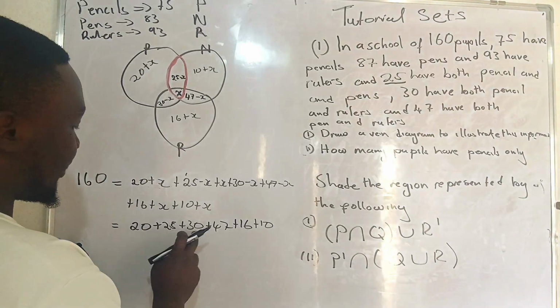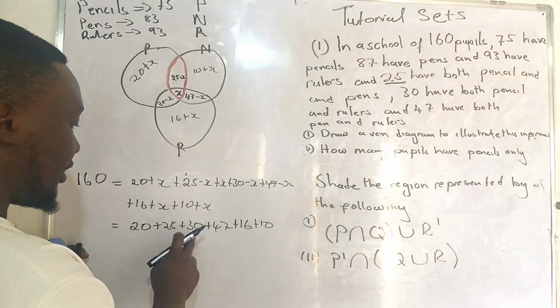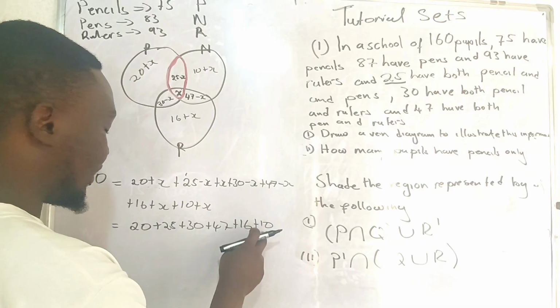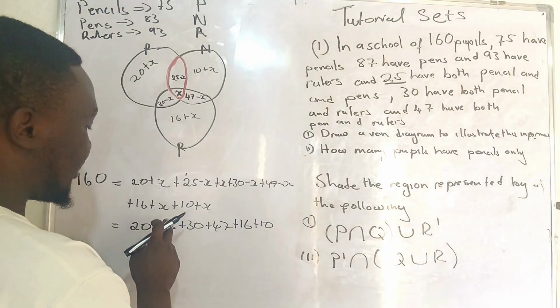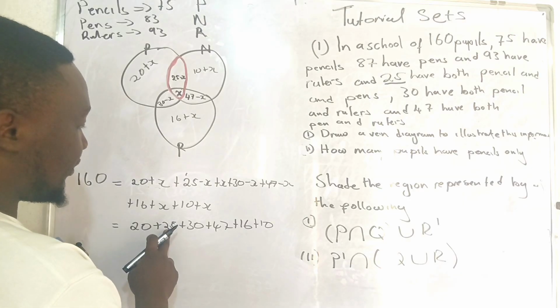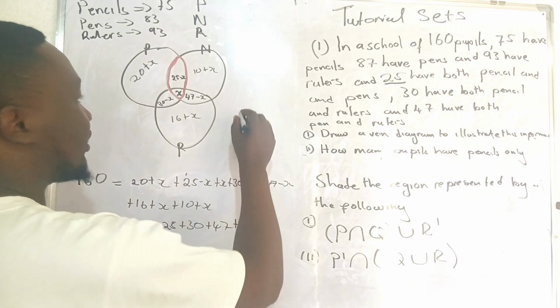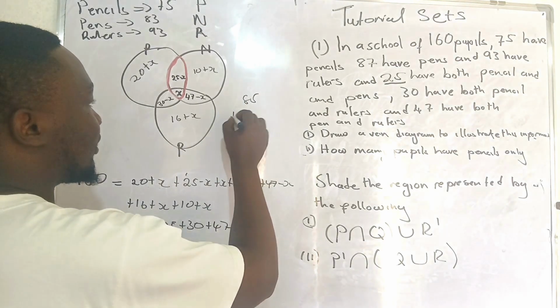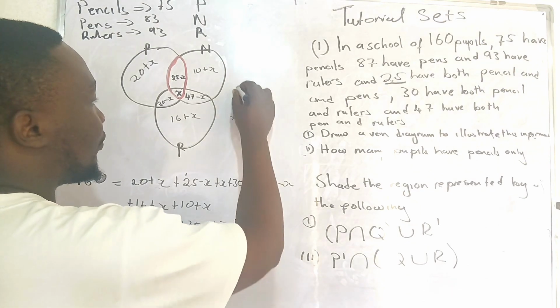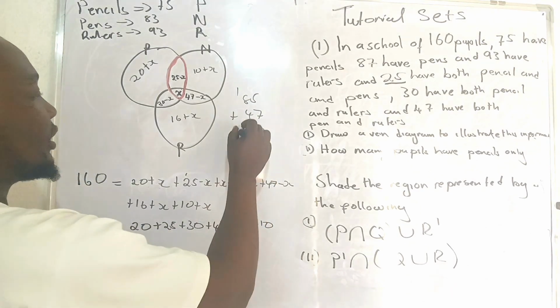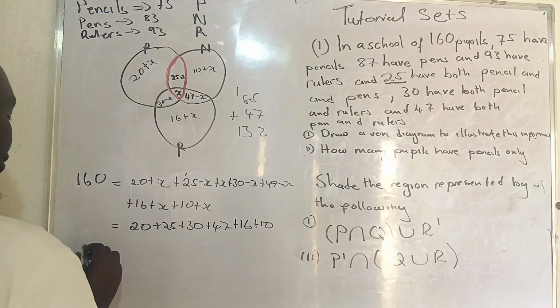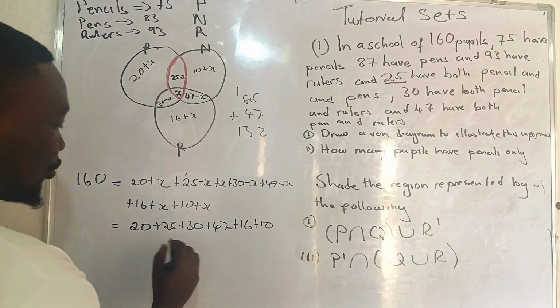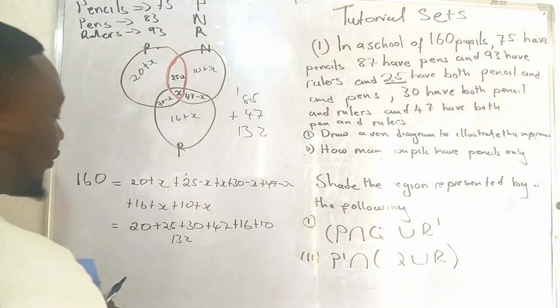So we have 20 plus 30, that's 50, 50 plus 10, that's 60, 60 plus 25, that's 85, plus 47. So 85 plus 47, you have 132. So 132 is the total of the non-variables.